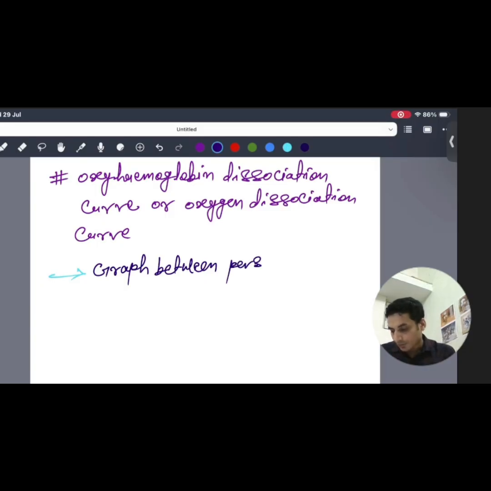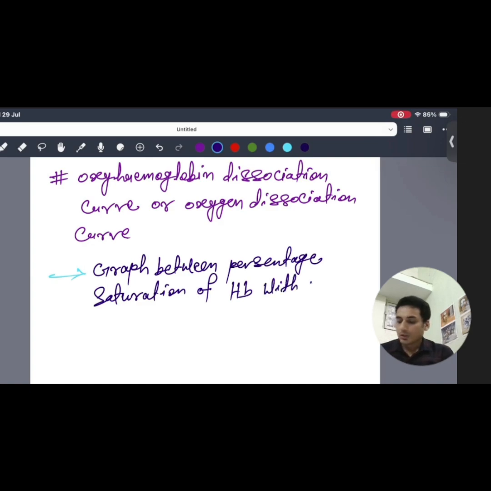Graph between the percentage saturation of hemoglobin (Hb) with O2, and the concentration of oxygen.